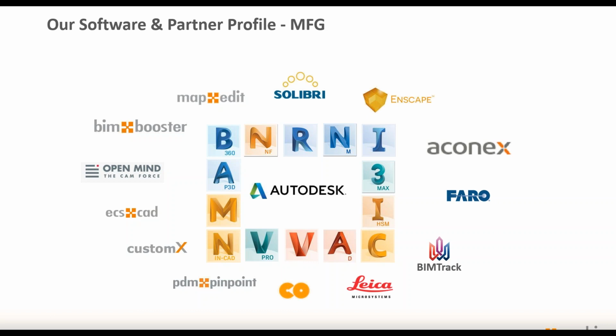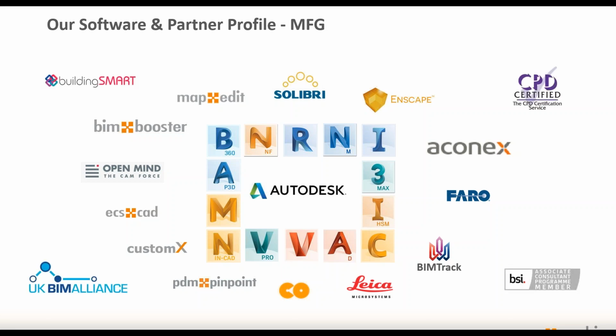We've also teamed up with a number of other applications for specific things. So, for example, Cool Orange for doing Vault integration and triggering events, to Faro and scanning and some BIM applications as well. And these have allowed us to get lots of accreditations for the UK BIM Alliance and Building Smart, to be able to help our clients to do things more efficiently.